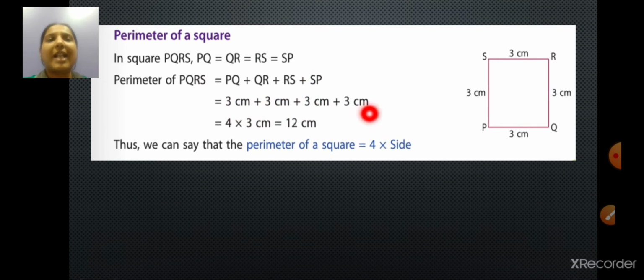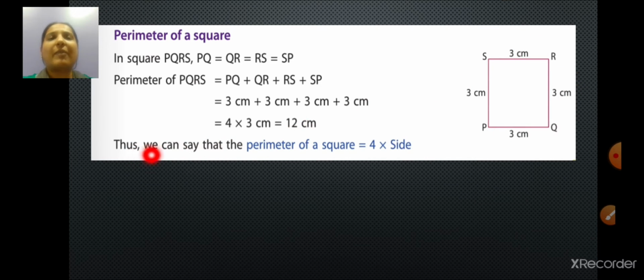So we'll write the sides here. Each side is 3 centimeter because this is a square. So you can see this, it has 4 sides and all 4 sides are equal. So we will write it as 4 multiplied by 3 centimeter is equal to, we'll get it as 12 centimeter. So the perimeter of this square would be 12 centimeter.